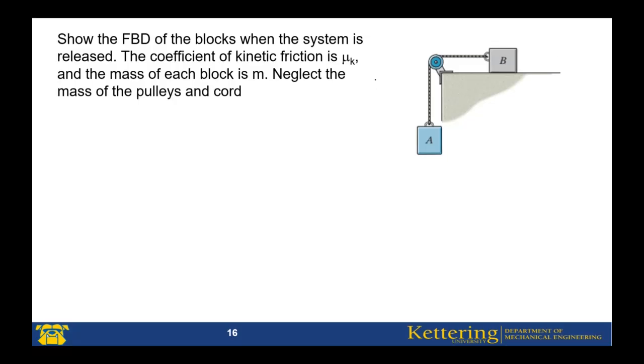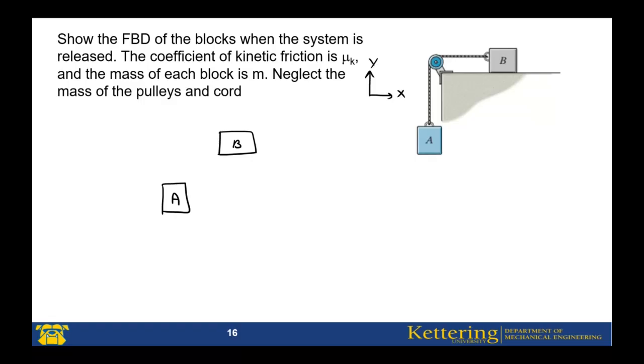First of all, I select the XY coordinate system. Now, I select body A and body B, and I isolate them. That means I detach or disassemble all of the parts attached to them, but I will show their effect.